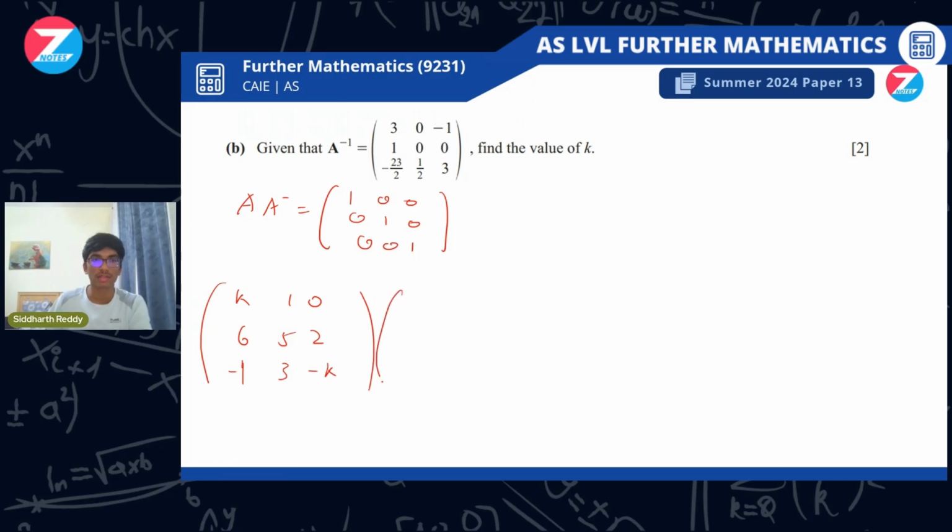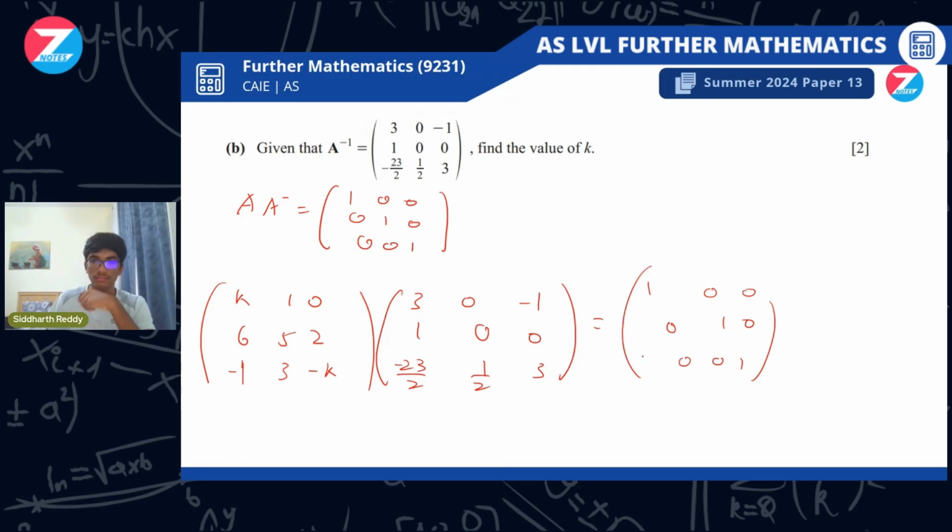So this times 3, 0, minus 1, 1, 0, 0, minus 23 by 2, 1 by 2, and 3. When we multiply this out, we should get the identity matrix. We don't need to multiply the full matrix. Instead, we can just solve for one element. Let's simplify the top left element.